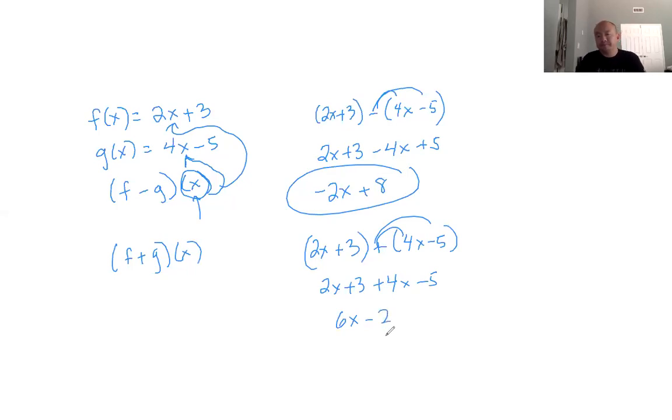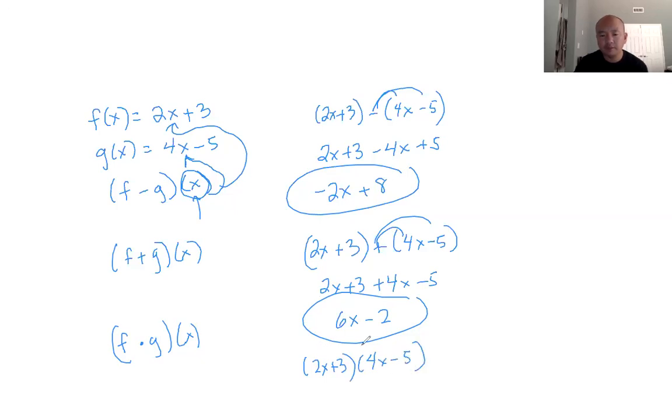Okay? Now let's say that they ask us to do f times g of x. Well, you're just going to FOIL it now. I don't know if you remember how to FOIL.